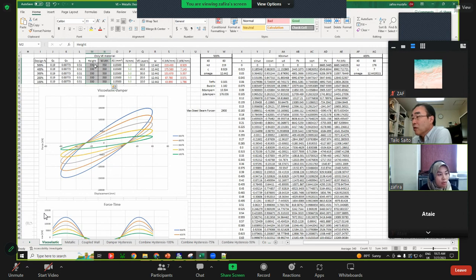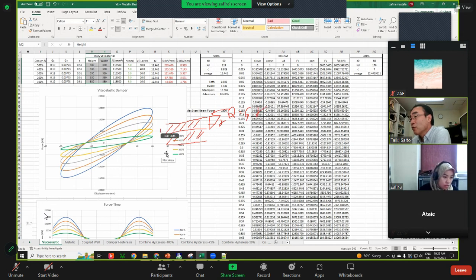Actually, it can. For viscoelastic, for example, there's a plate layer, and between them there is a viscoelastic material. Its deformation is this angle, gamma. In each layer, if it's linear, shear modulus multiplied by gamma.